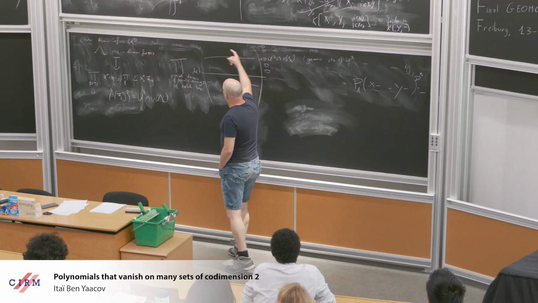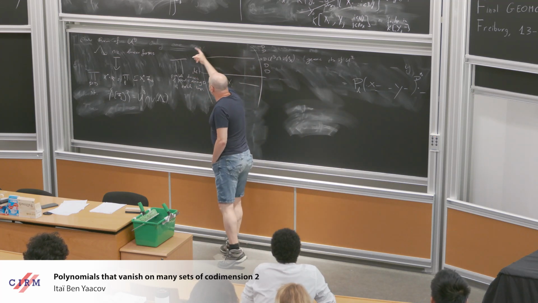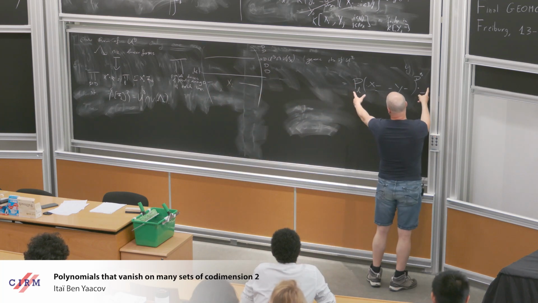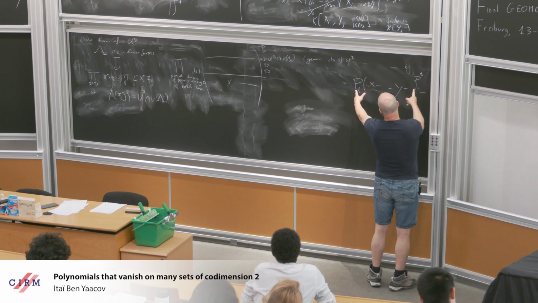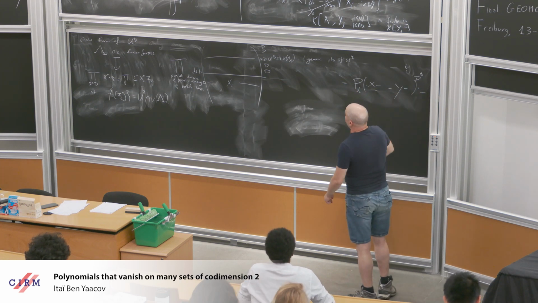This is something you construct quite explicitly, so you can estimate its degree in y, and that's how you get a bound on the degree in y, since the degree of y here is going to be smaller.